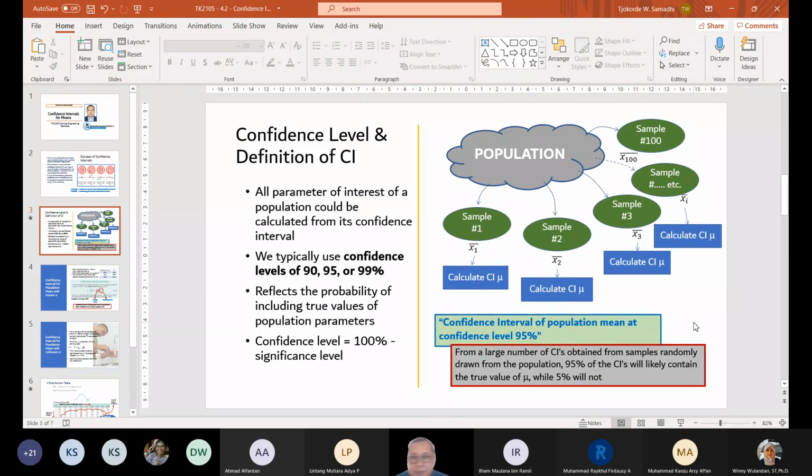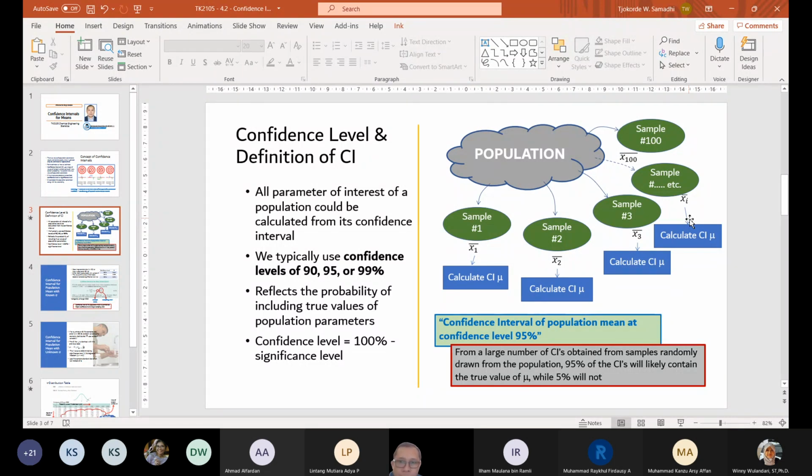Now it's correct. Okay, so when we say confidence interval of population mean at confidence level 95%, what does that mean? So now, again, imagine in your mind's eye that you're calculating 100 confidence intervals of the mu. Okay, so you have a large number of confidence intervals, right?